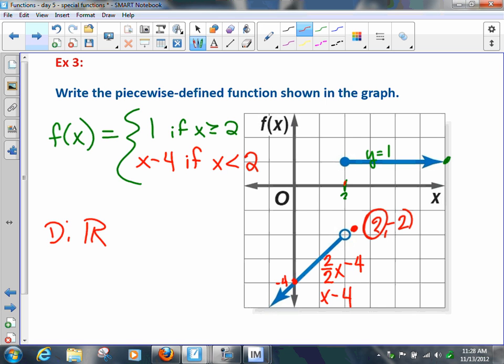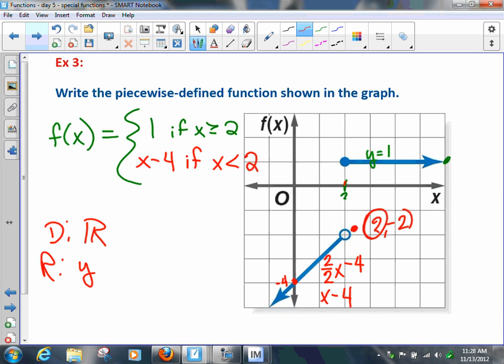Hey, what's the domain for this? All reals? What's the range? Let's go to the bottom line first. What's the bottom line? Y is what? What about 2?